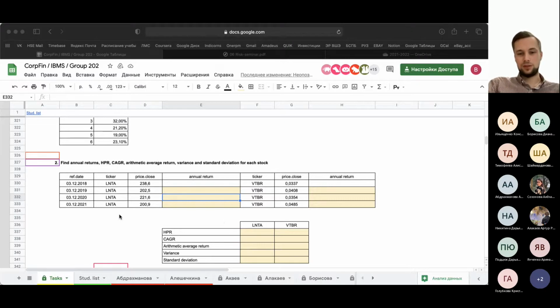I had a suggestion to firstly calculate it by hand, at least for one stock, by definition. But of course you can then use the formula, which is called variance in English.